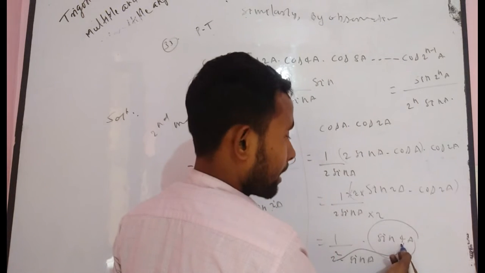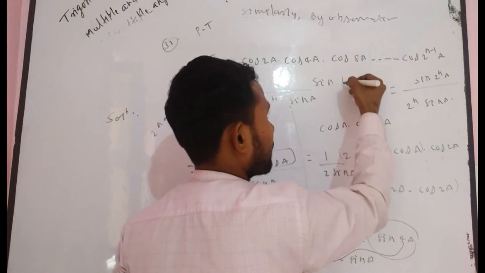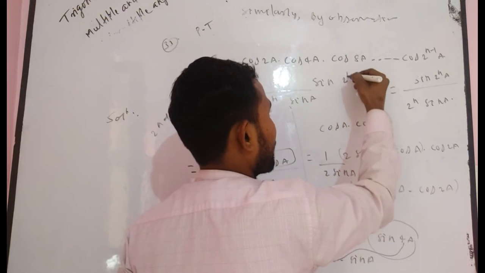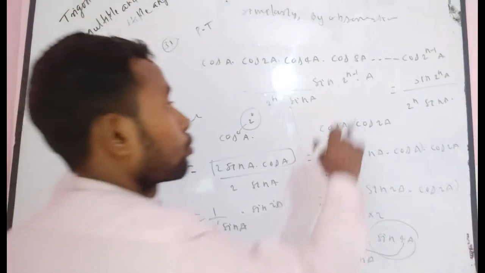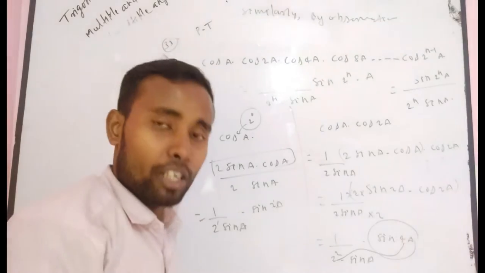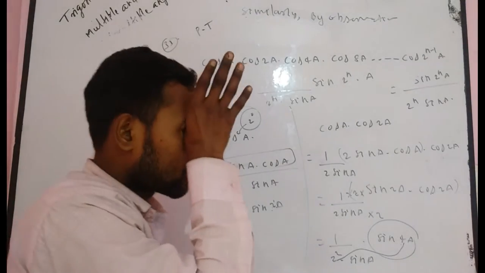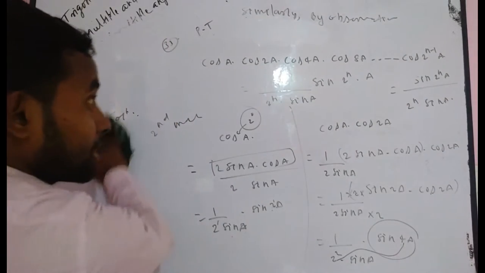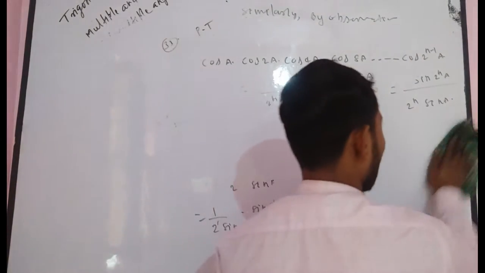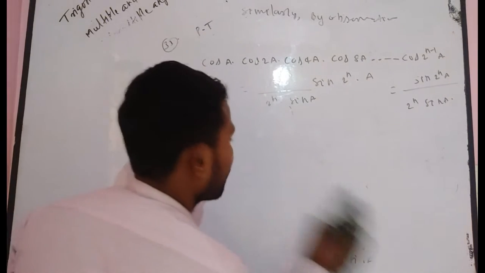That means the power is taken here, so you have to write 2 to the power n minus 1 into A. This is your 2 to the power n, which is your required answer for this question. I think you understand this logic. Now this is nothing, sometimes it is also very useful for you.